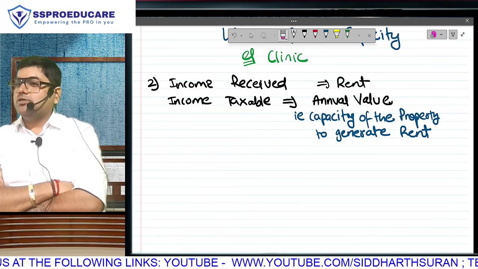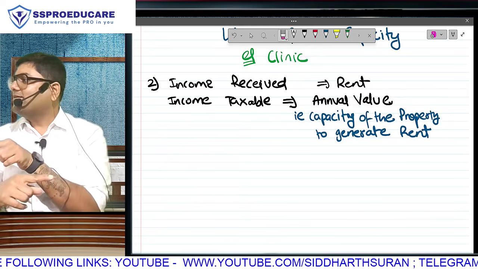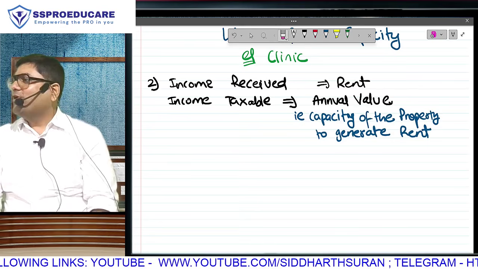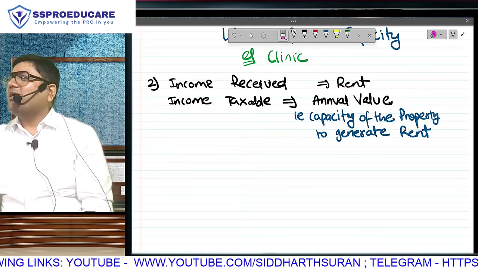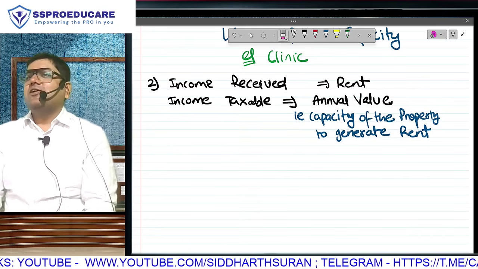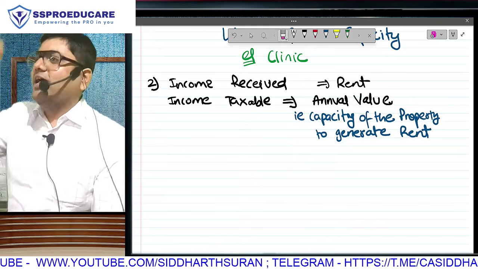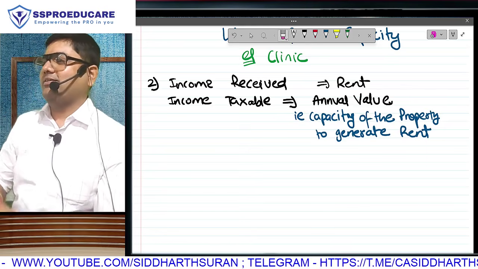Now the actual rent is 85. Market rent is 45. They are not taking tax on market rent. Guess which amount will now be taxable. So annual value is not just market rent. Annual value is actual rent or market rent, whichever is higher.